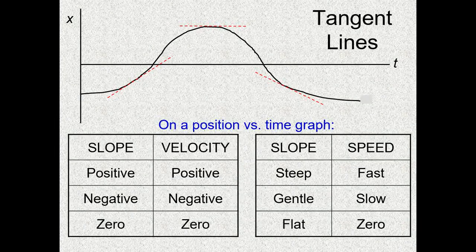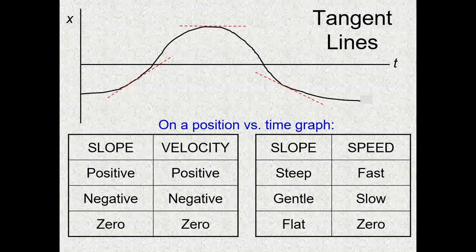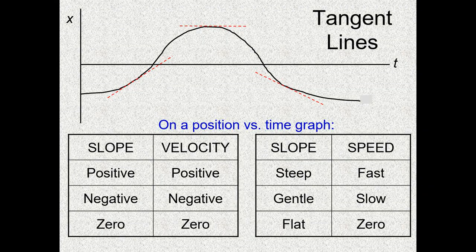Okay, now see here the slope. If the slope is positive, velocity will be positive; slope negative, velocity negative; and slope zero, velocity zero. Now if the slope is steep, the speed is fast; slope gentle, speed slow; and slope flat, the speed is 0.